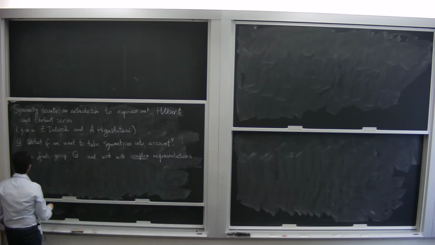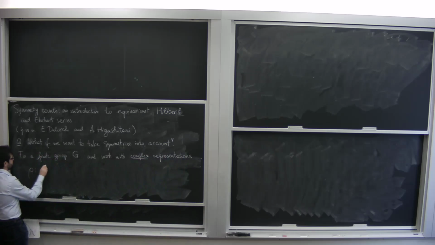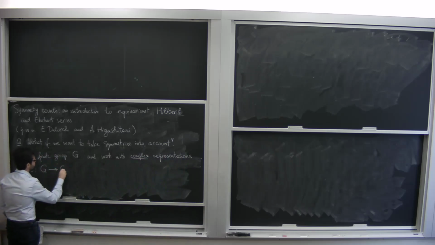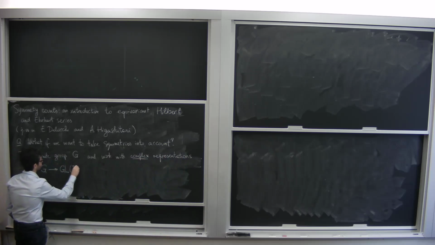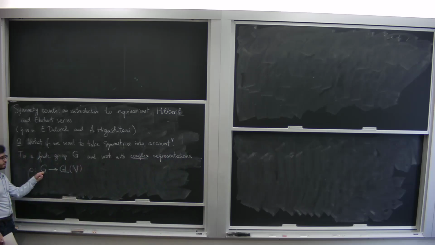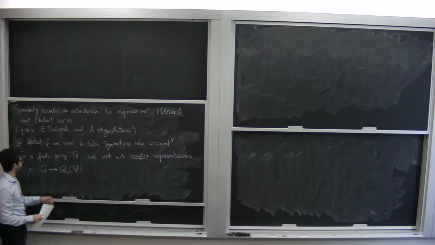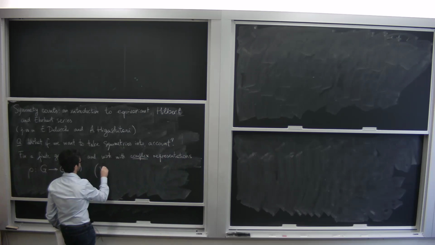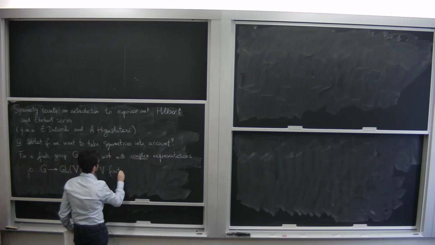So basically what I want is a group homomorphism from the group G that is given to GL of V, where V is a finite dimensional C vector space.